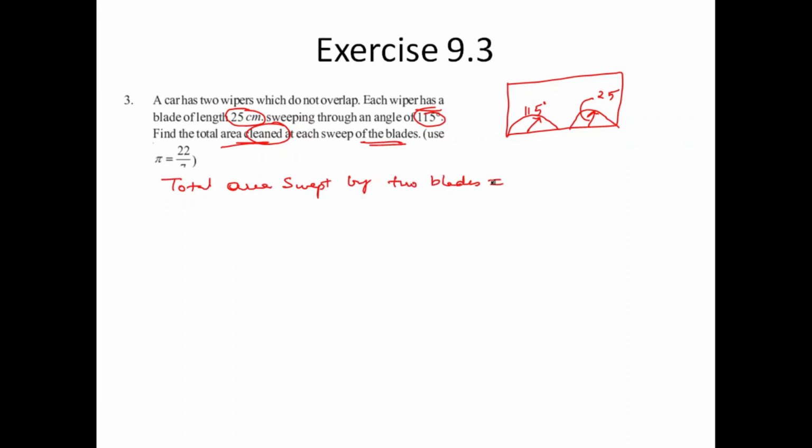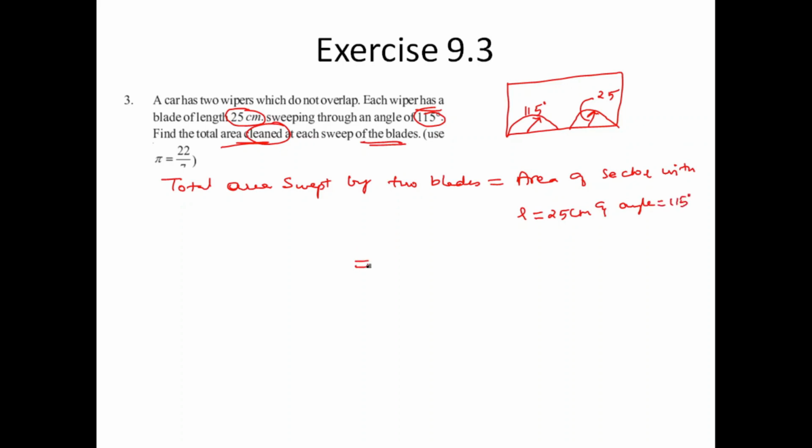is nothing but 2 into the area of the sector, or else I can write that like this, area of the sector with radius r, right? So let me write this, area of this sector with r equivalent to 25 centimeters, and the angle is equal to 115 degrees.